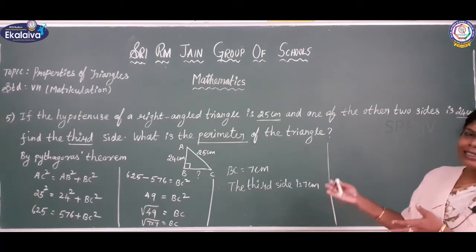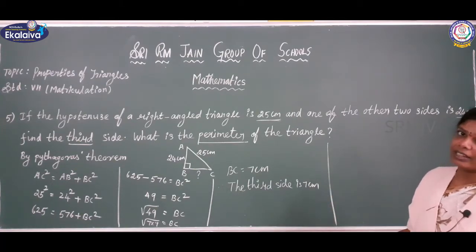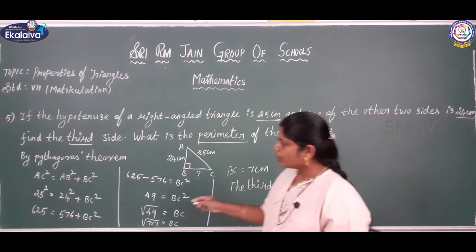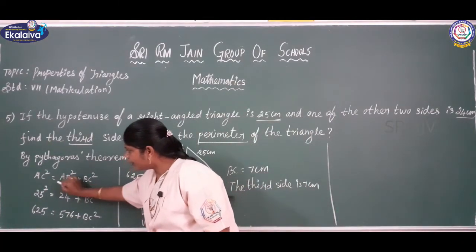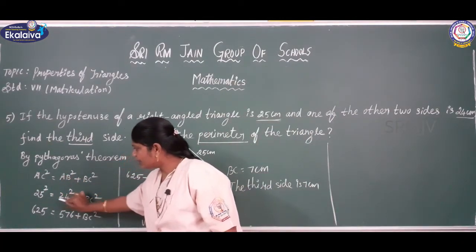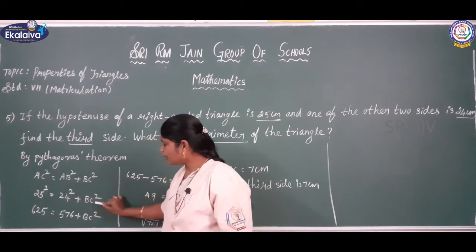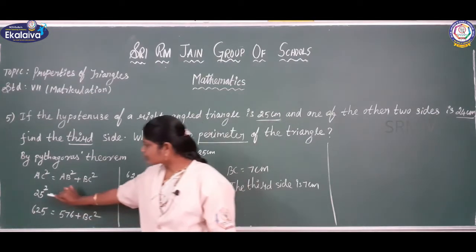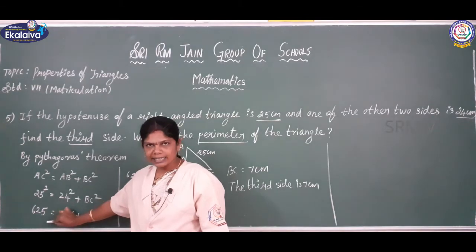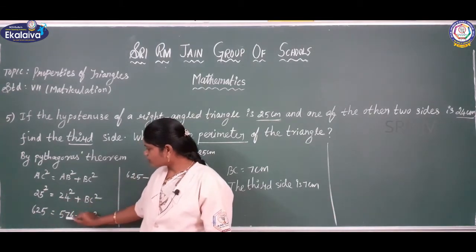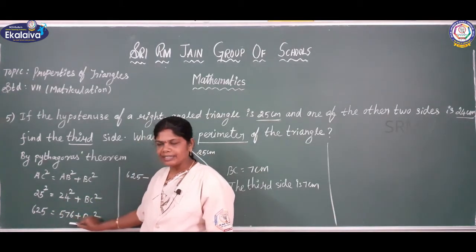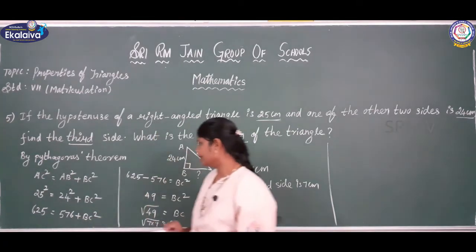First we found the third side using the Pythagoras theorem. I repeat this till here. Okay. So I substituted the values. 25 square equal to 24 square plus BC square, and while squaring this what are you getting? 625, and square this, what are you getting? 576 plus BC square. Okay.